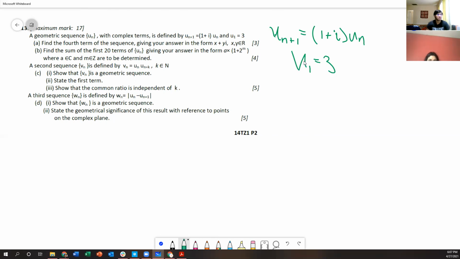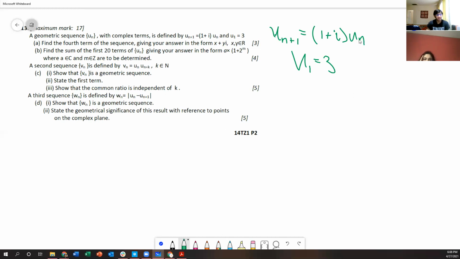What does this tell us? What this tells us is that the first term is 3, and, sorry, this is a geometric sequence, it's not an arithmetic sequence. It couldn't be. What this tells us is the next term is 1 plus i times the current term.